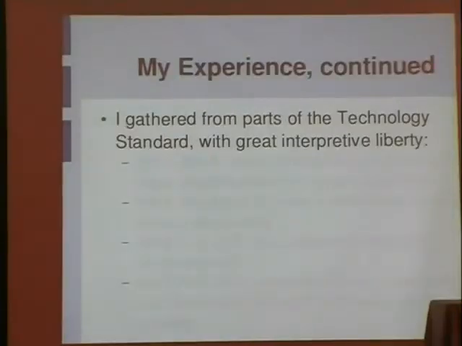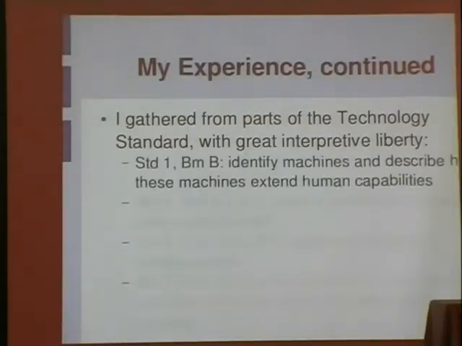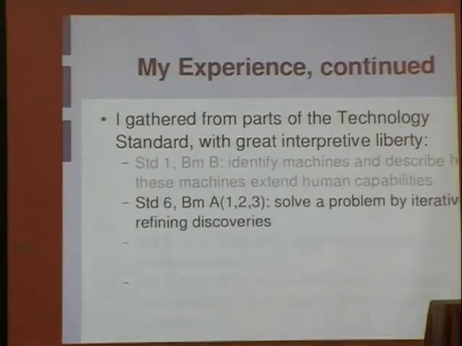So I gathered from the different parts of the technology standard with great interpretive liberty. I took this one: identify machines, and describe how these machines extend human capabilities. I figured, well, what the heck? I guess algorithms are machines in a way, in an abstract way.